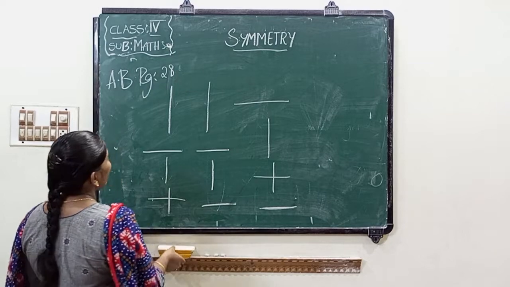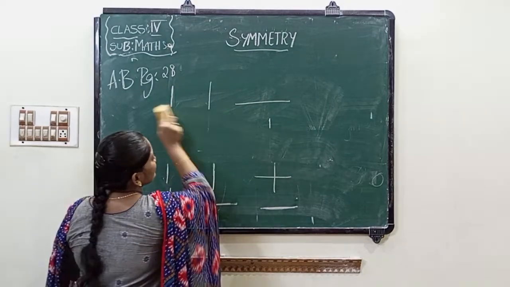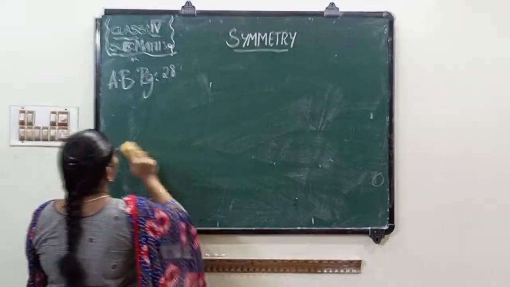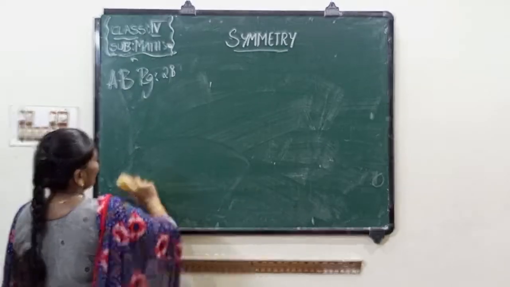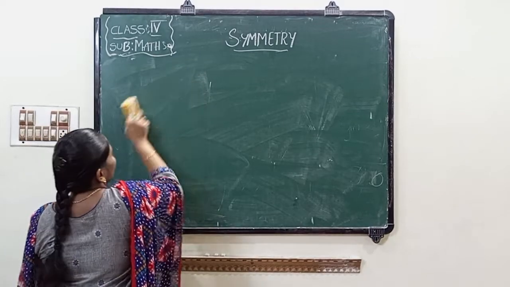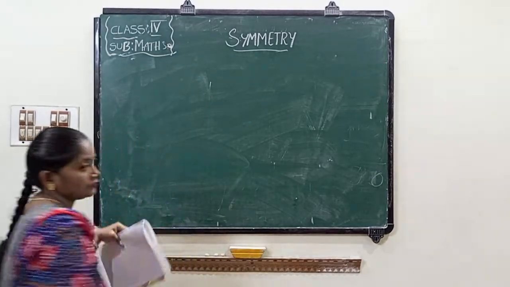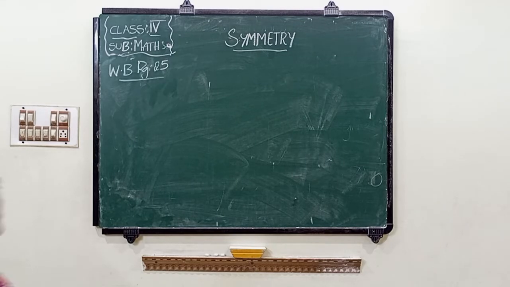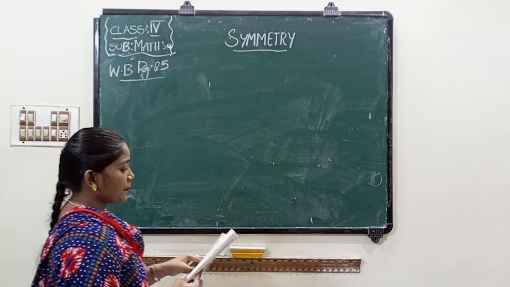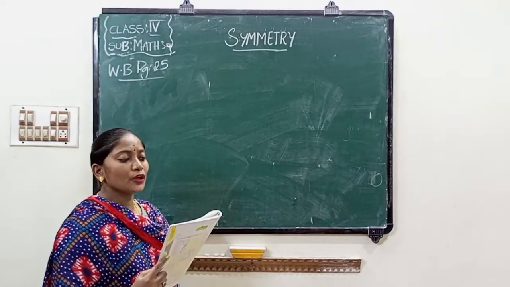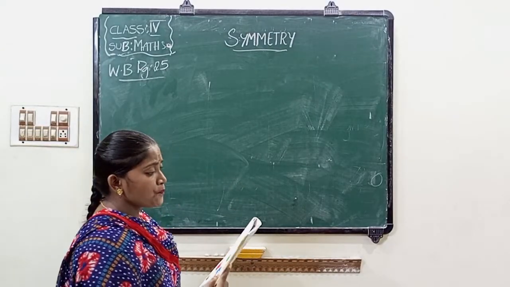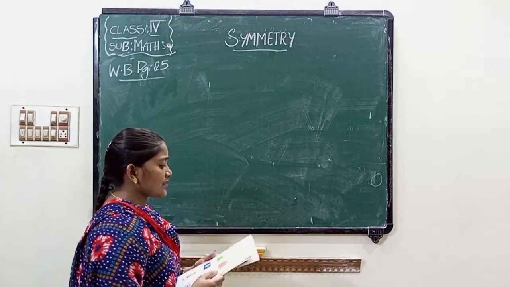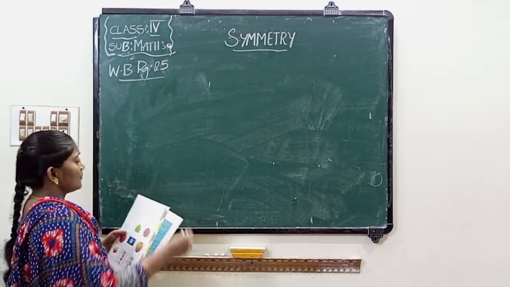All of you take out your maths workbook, page number 25. Is the dotted line a line of symmetry for the following figures given below? Yes or no? First one is yes.